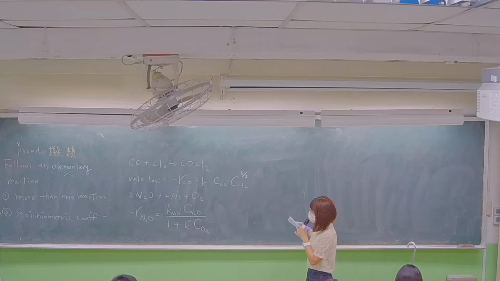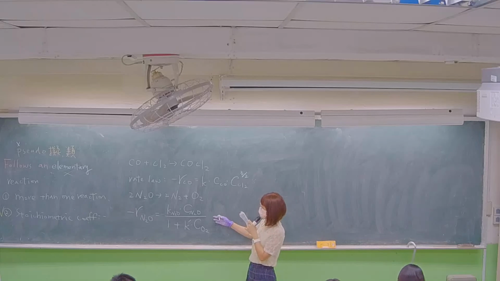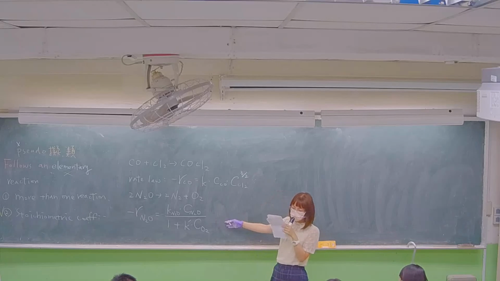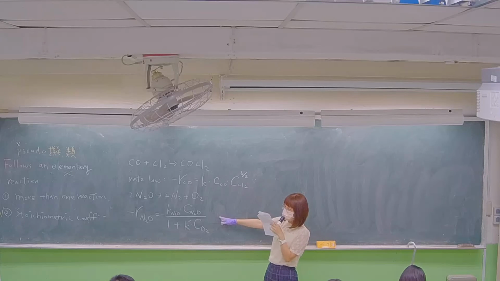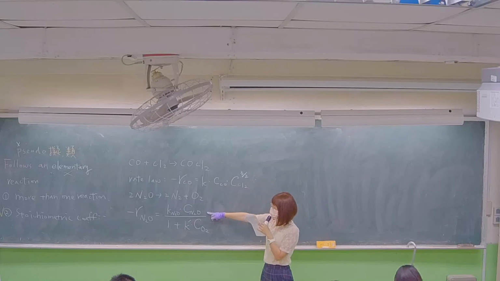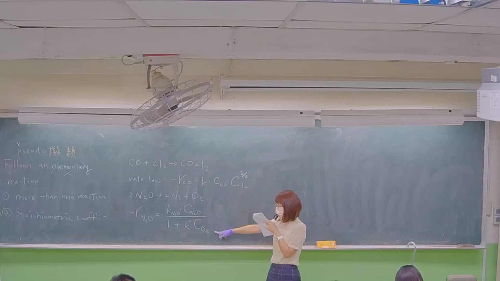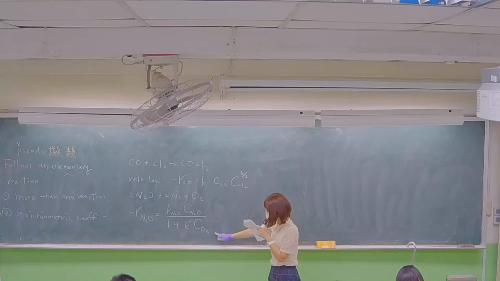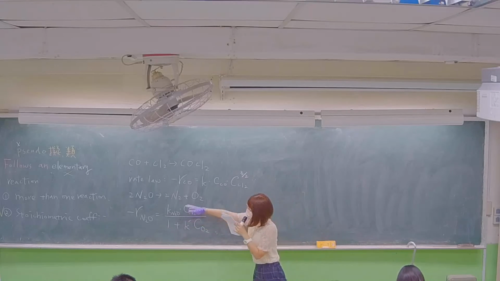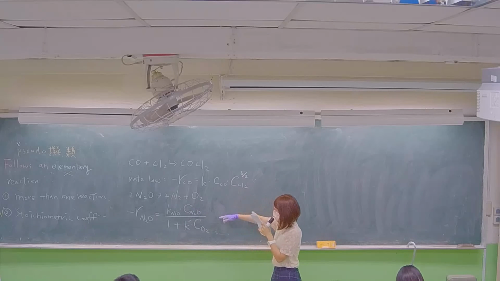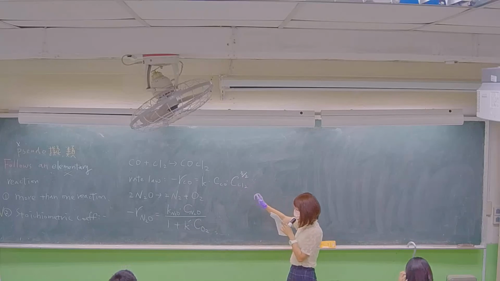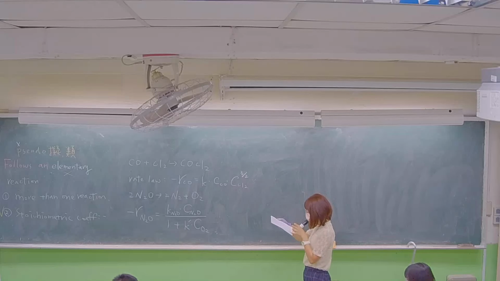I want to have more discussion for this one. This one is complicated, right? This rate law is related to the concentration of N2O and the concentration of O2. And this form is more complicated than the previous form. So let's talk more about this one at the next slide.